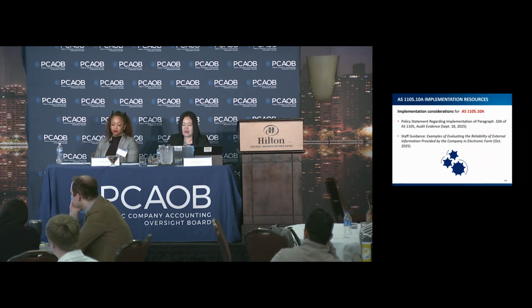In response, last fall, the PCAOB issued 2 documents that address implementation of paragraph 10 cap A. The first one is a board policy statement that describes certain circumstances in which the board will not treat the absence of separate testing under subparagraph B of paragraph 10 cap A as non-compliance with the PCAOB auditing standards.